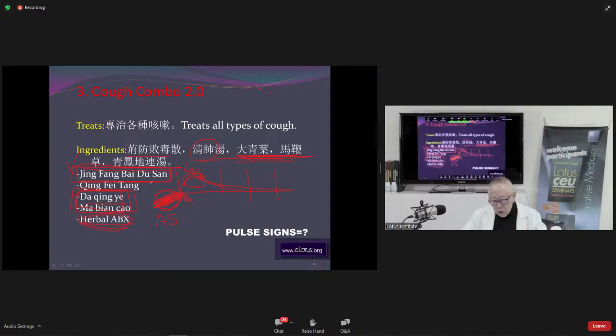You can choose any of them. You don't have to use them all at a time. This combination is very complete for any kind of cold, bronchitis, cough, and everything. Of course, the patient must stop drinking or eating anything cold.